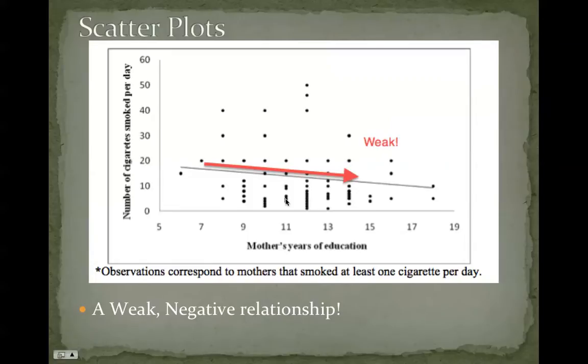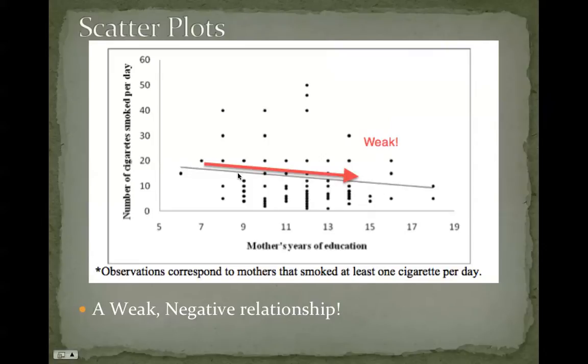So if she has very low education, she's more likely to be smoking higher amounts of cigarettes per day. But that's not, again, if you look at the data without these lines, without this red line or even the black line drawn in there with a regression line, it's not terribly noticeable which direction that relationship actually goes.